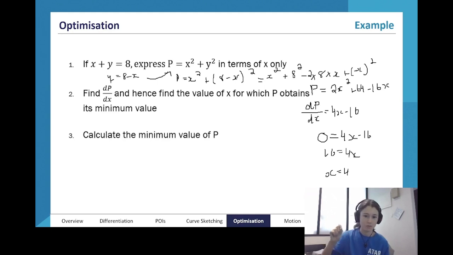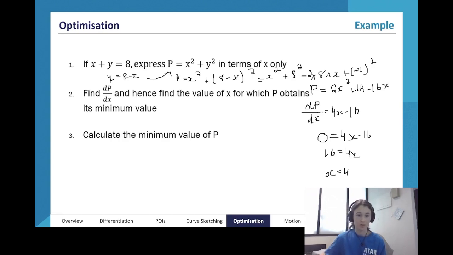Because otherwise you will lose marks, which seems brutal because we know that there's only one stationary point on this curve, but it's asked to find the minimum value, so we do need to prove this is a minimum. You can do this in a few different ways. If you have a quadratic, you can just say, like we do here, a quadratic only has one stationary point, therefore this has to be a minimum.